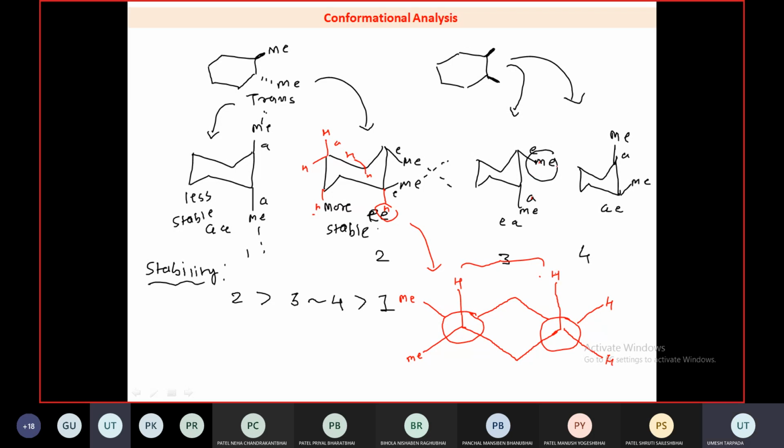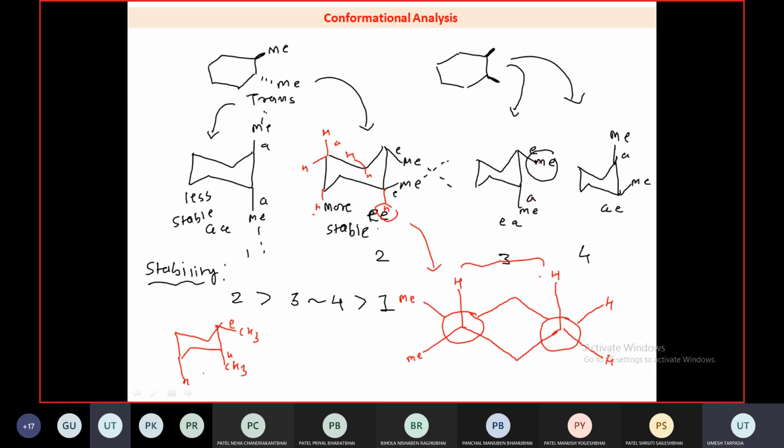If you have one axial and one equatorial group, then definitely an interaction takes place between them. So look at here. One methyl group is present at equatorial and one group is at axial, then you can have this interaction.